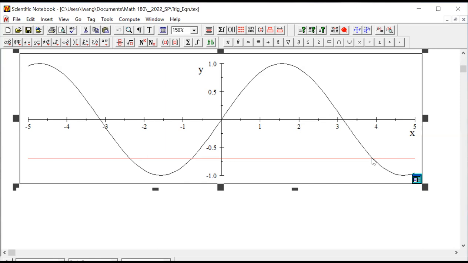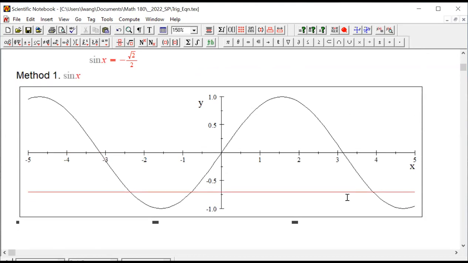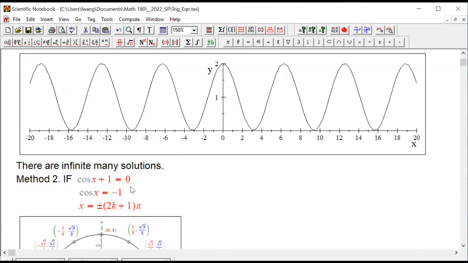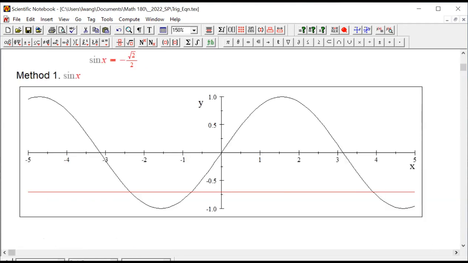It looks like it's a little bit difficult to identify from this graph. If you draw these pictures with decimals, you probably could identify this. But it's so much easier to identify the points precisely using the unit circle. So using the unit circle is going to be very, very helpful.